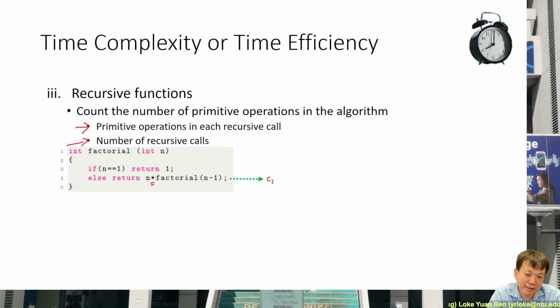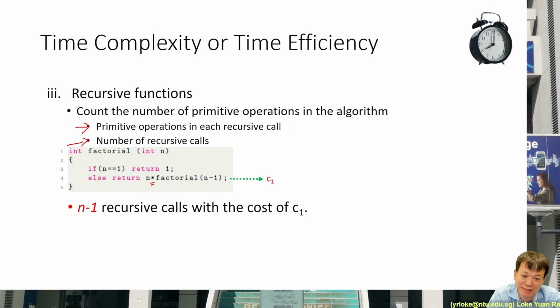So let's say this particular operation takes C1. Later you will find that actually they are more or less the same, but this is a simple example. So we use a simple example to illustrate the things. You will find that the result is definitely not surprising. You definitely expect that this particular one will be the same as the previous one.